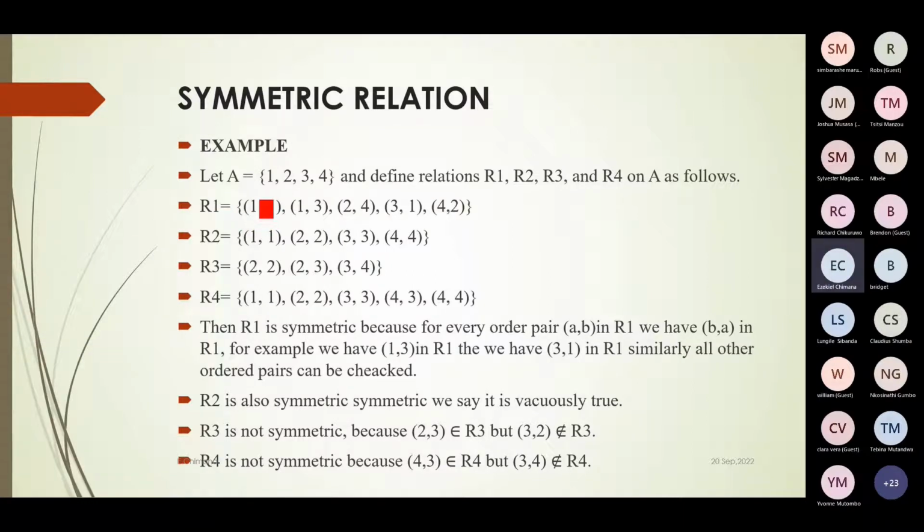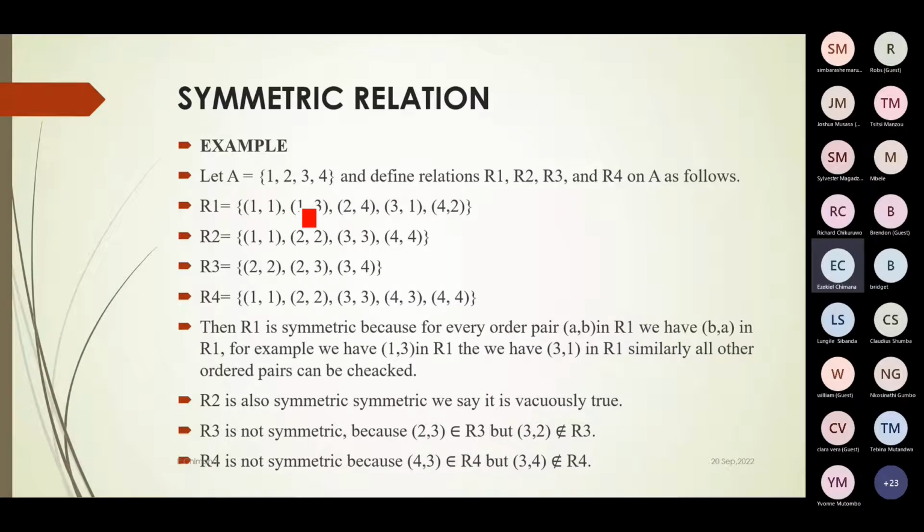On R1, we know that 1 is mapped to 1. Because we are checking symmetry, whenever we have x mapped to y, you must also have y mapped to x.